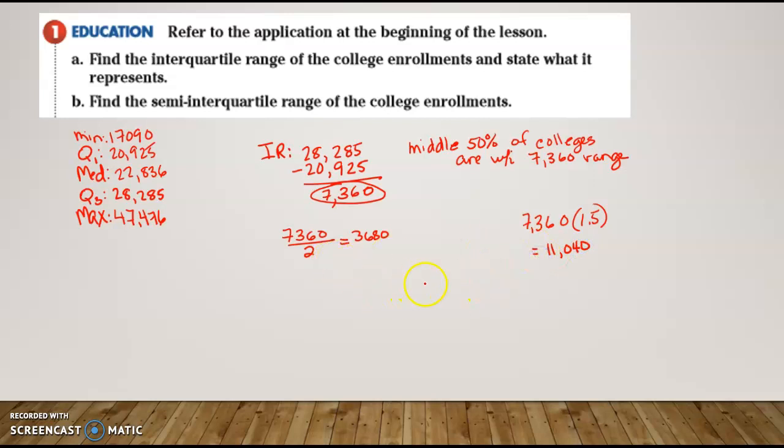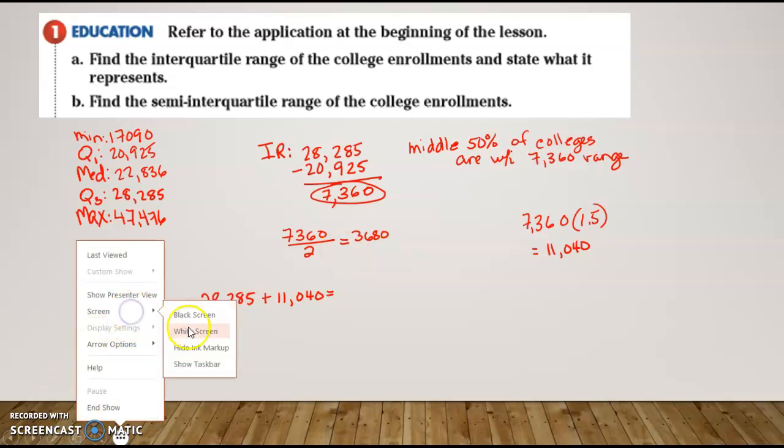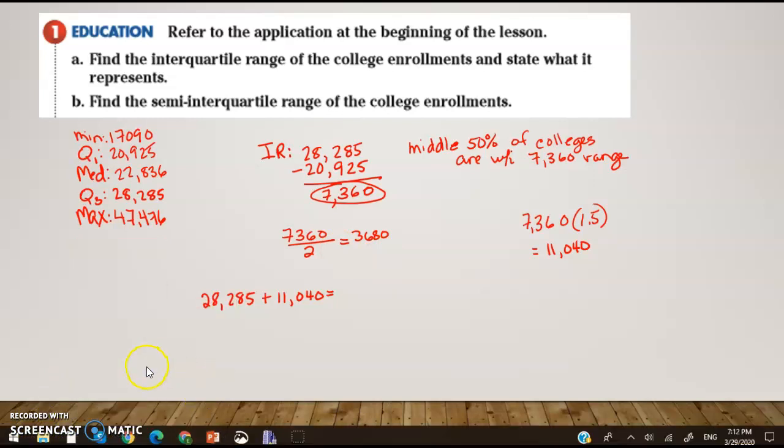Okay, so that would be 28,285 plus 11,040, and that will tell you if you've got something above that, that's an outlier.